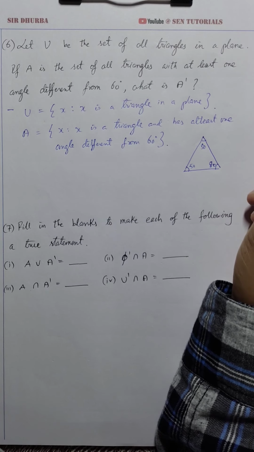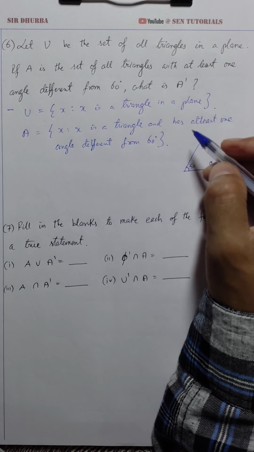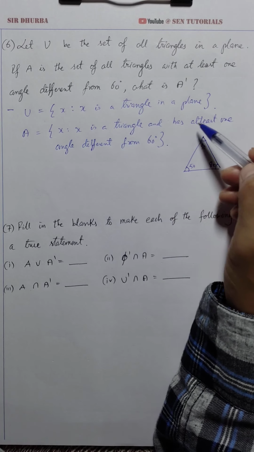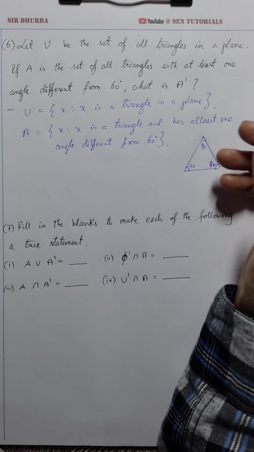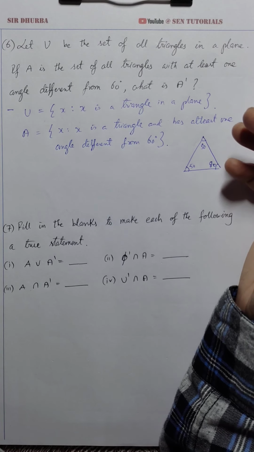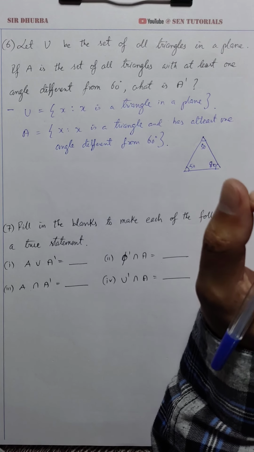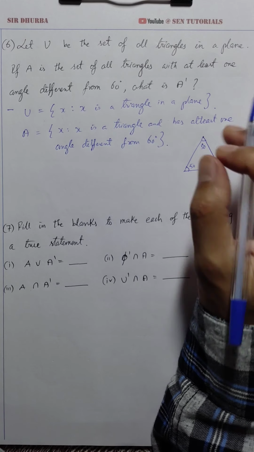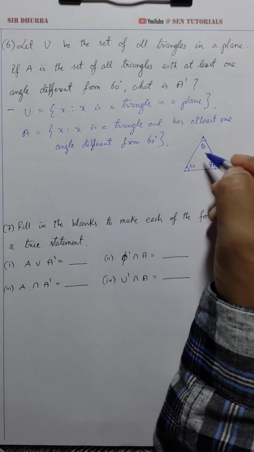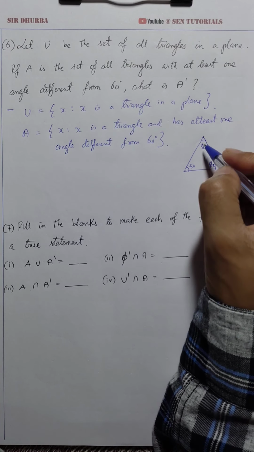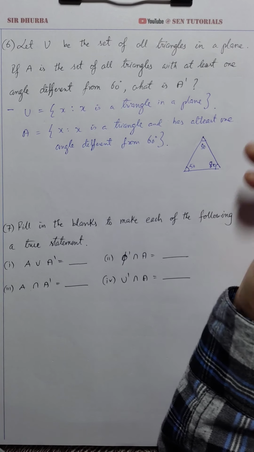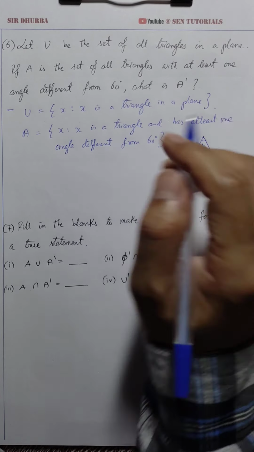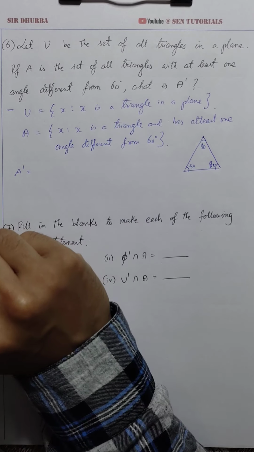So what they are telling you is that the set A is a triangle which has at least, means we can have more also, but the minimum condition is at least one must be different from 60. It has to be different from 60, but we can have all the 3 also different from 60, 2 different from 60, just 1 different from 60, right? That's what they mean. Question is, what is A complement?